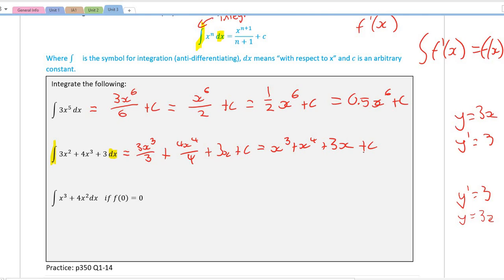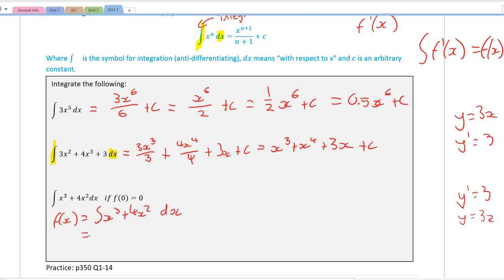Okay, now let's do this last one, guys. I'm going to write this out this way, and you'll see why in a minute. I'm going to say f of x equals the integral of x cubed plus 4x squared dx.